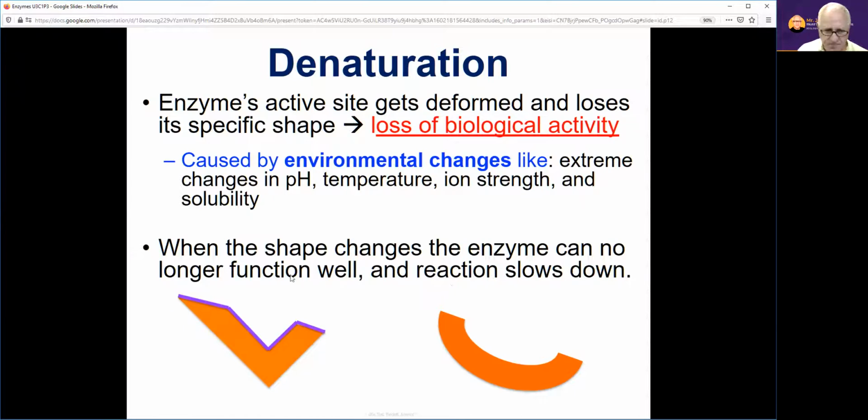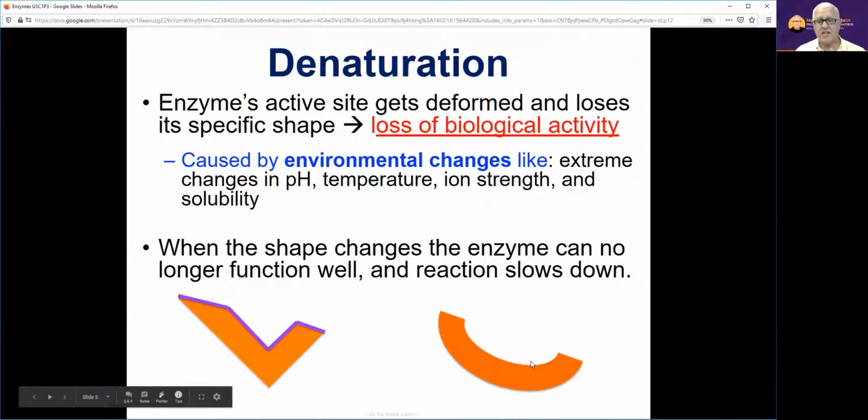So if we go back and look at our illustration on the left here, we have our substrate and our active site, and it's very specific. And if it denatures, it now changes shape. Now, some of the substrate will fit, but some of it will not.